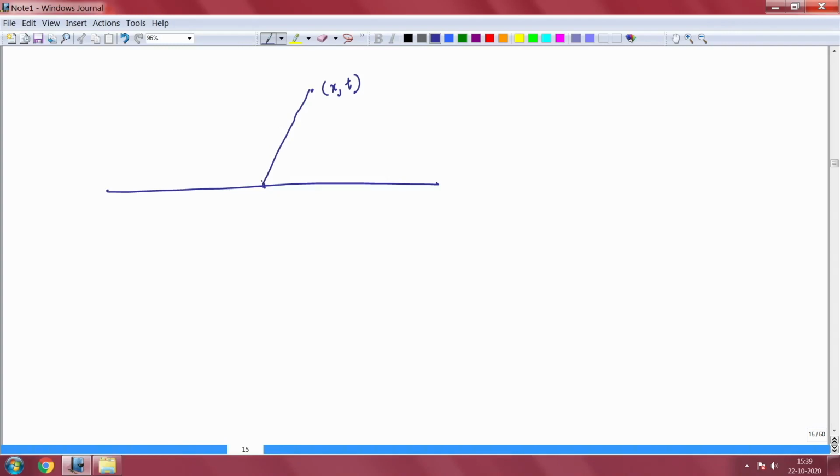So, if it reaches this point x naught, the value at that point is the initial value u naught of x naught, and you have u naught of x naught inverse. This is its slope. So, let me write down the equation of that. What is the equation of this curve? The equation of the curve is x equal to t u naught of x naught, because u naught of x naught is the inverse slope.